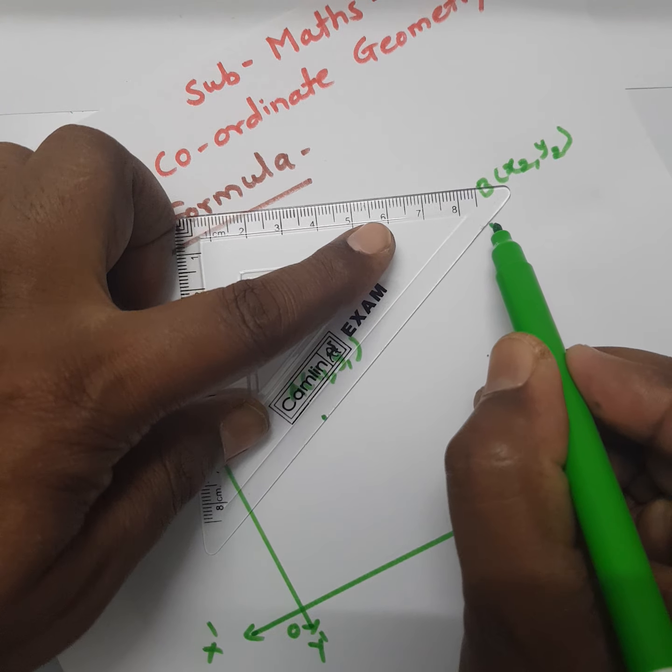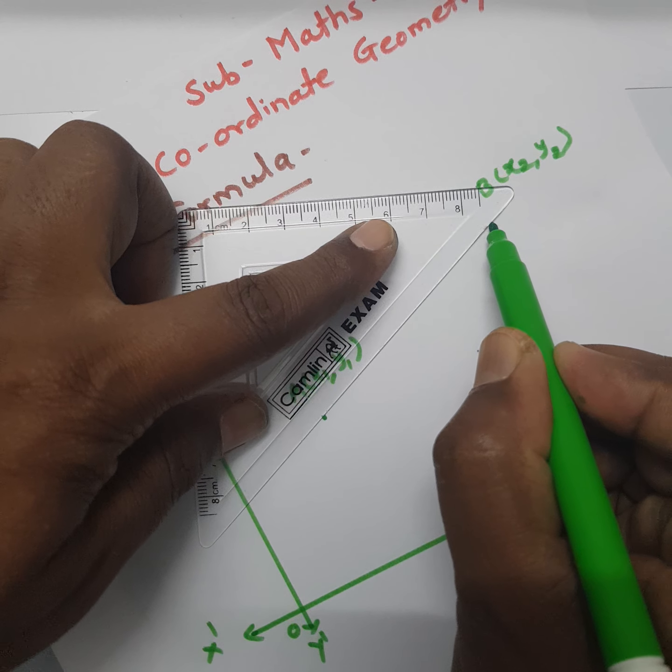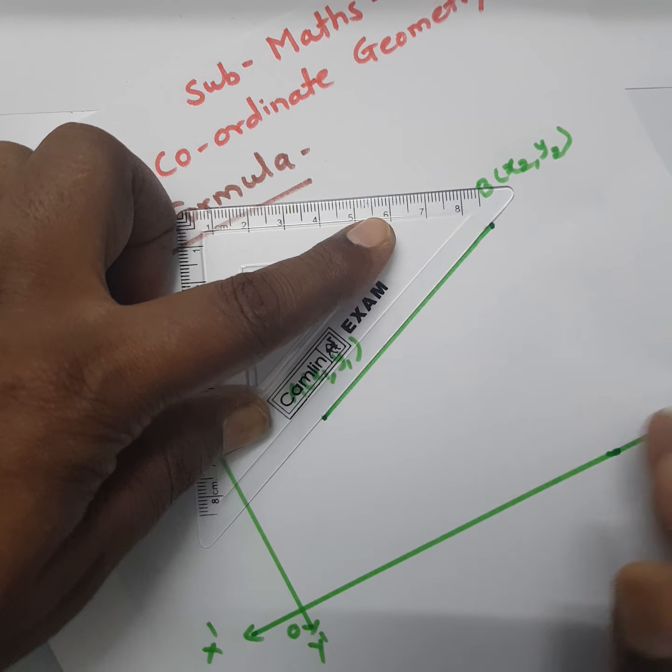If we join these two points, then it is segment AB.